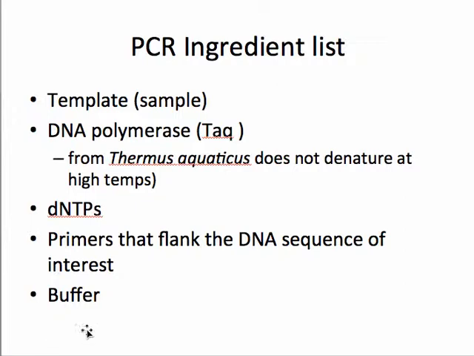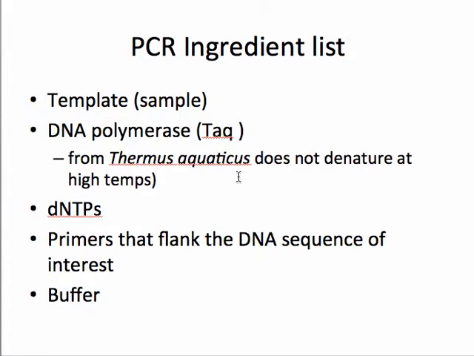To begin with, in our tube we have different components. I call it the PCR ingredient list, and we want to understand what each of these are so that we understand how the reaction is carried out. The template DNA is the actual sample. This DNA is isolated from our cells, and we don't need a lot of it, only a tiny bit. The enzyme that carries out our reaction is DNA polymerase, and in PCR reactions we use an enzyme called Taq.